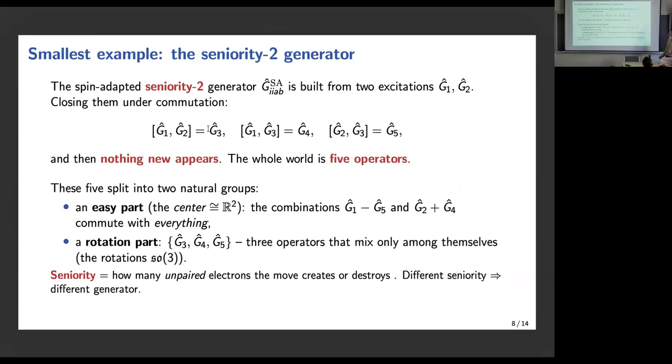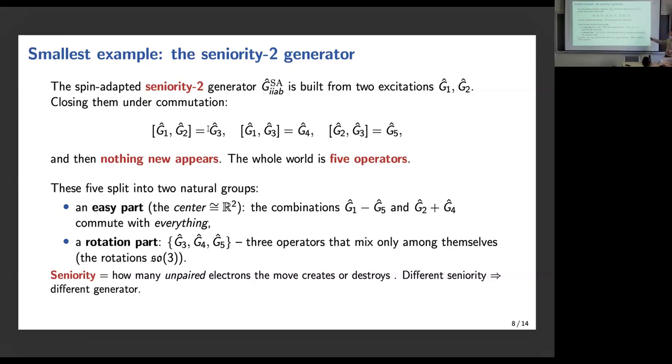So here's a small example. And this example is the first thing that we consider in the paper. So you have a spin adapted seniority 2 generator that is built from the two standard spin adapted excitations. And then you look at the commutator of G1 and G2, you get G3.